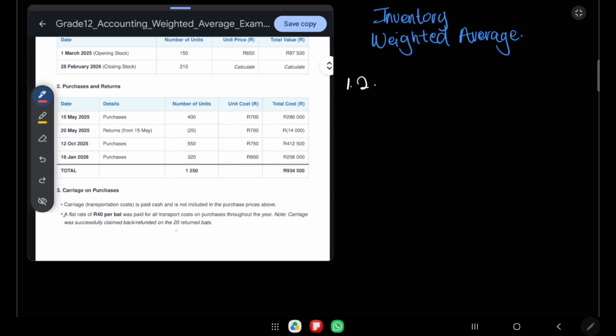However, they said there were 20 bets that were returned. Here they stated that there are 20 bets. So they've already calculated the 400 minus 20 plus 550 plus 320. But let's just write our calculations. We'll say we start with the units.